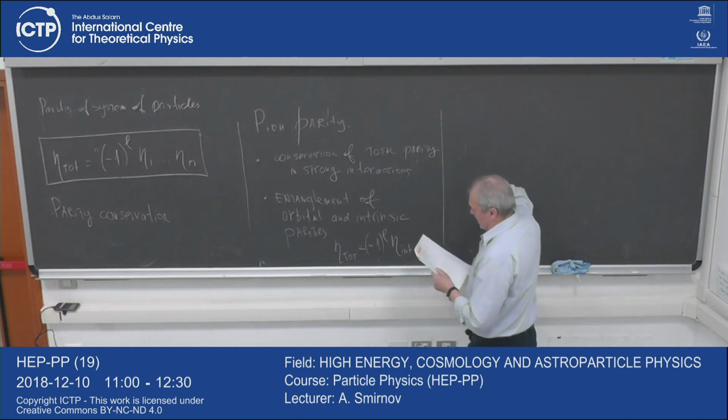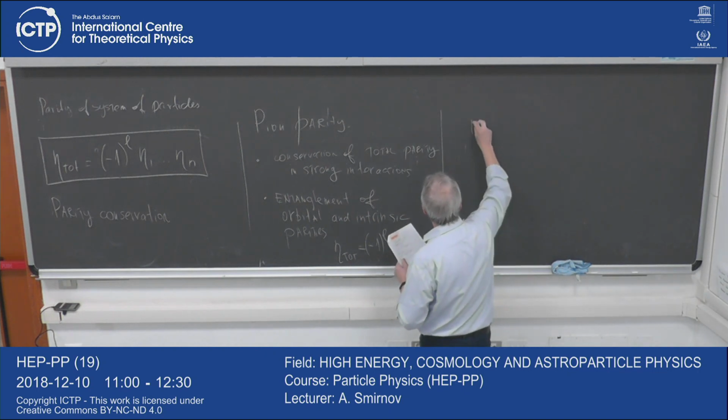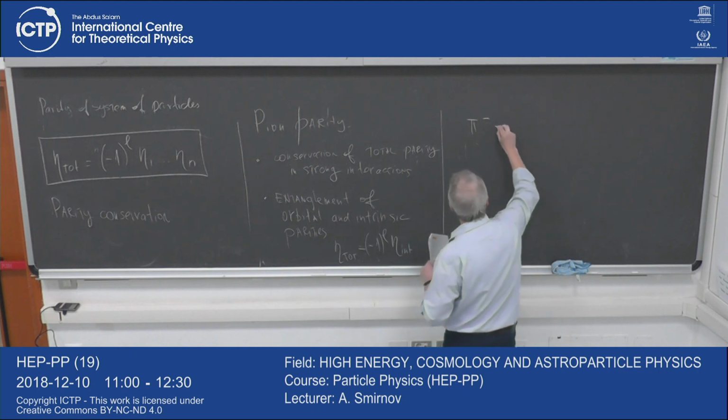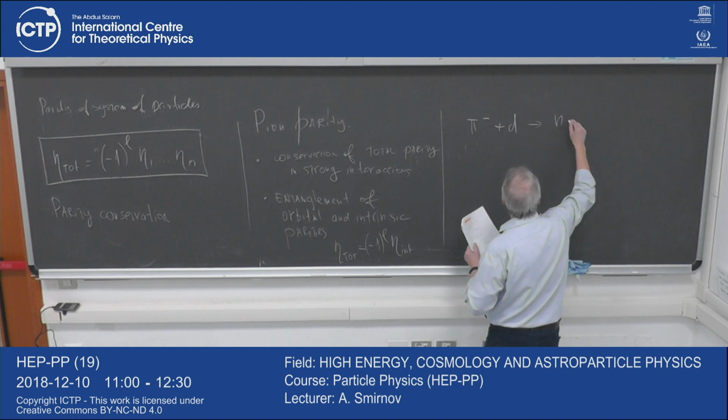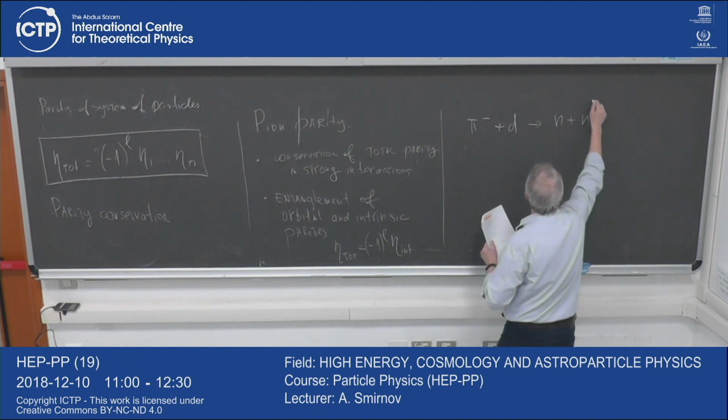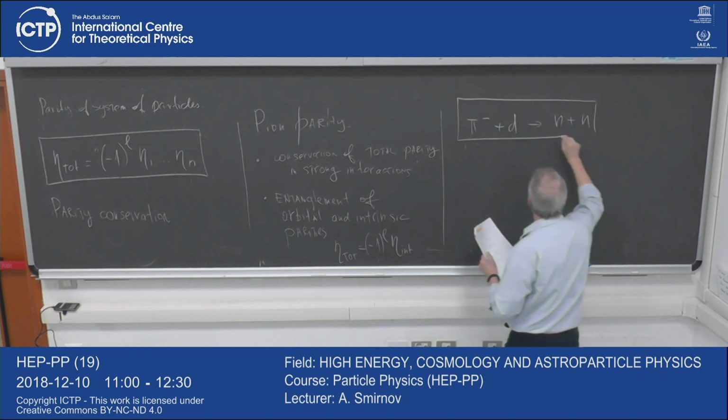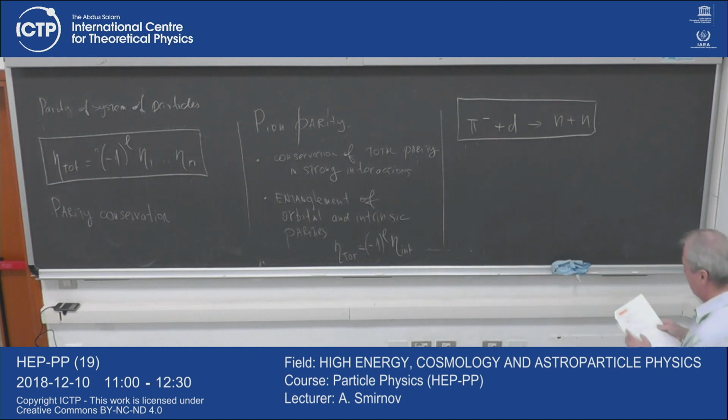The process which experimentalists use was pi minus scattering on deuteron with a final state which consists of two neutrons. The essential observation was that this process is not forbidden.